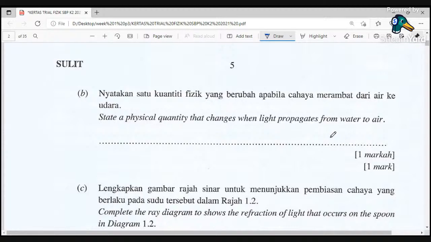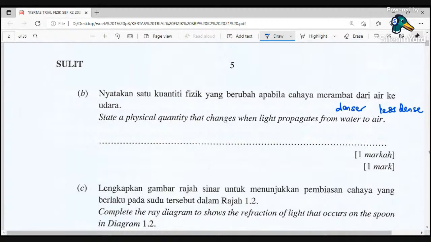State a physical quantity that changes when light propagates from water to air. When light propagates from water to air, there is change in density. Water denser, air less dense. So as light travels from one medium to another medium, which is different in density, it will bend.